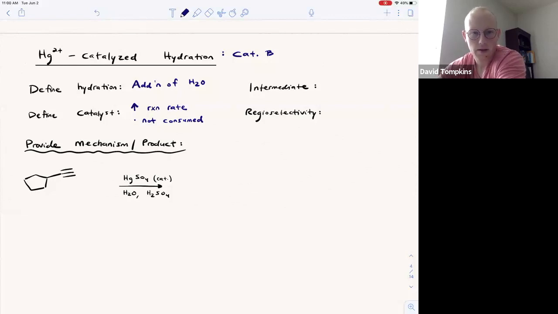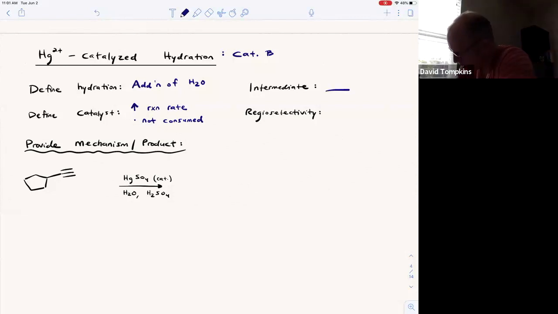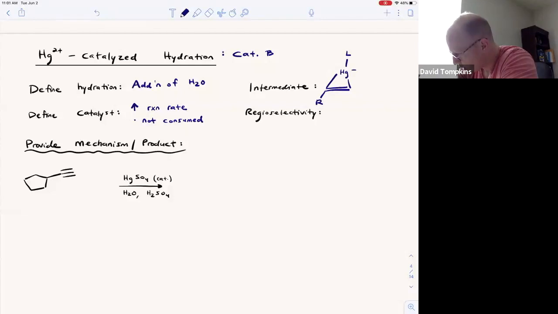The intermediate for everything in category B, just like oxymercuration of an alkene, will be a bridge intermediate or a mercurinium ion. In this case, there's going to be some alkyl group. The pi bond of the alkyne, or one of those pi bonds, is broken. Mercury will be attached to a single ligand, L, and will have a formal positive charge.